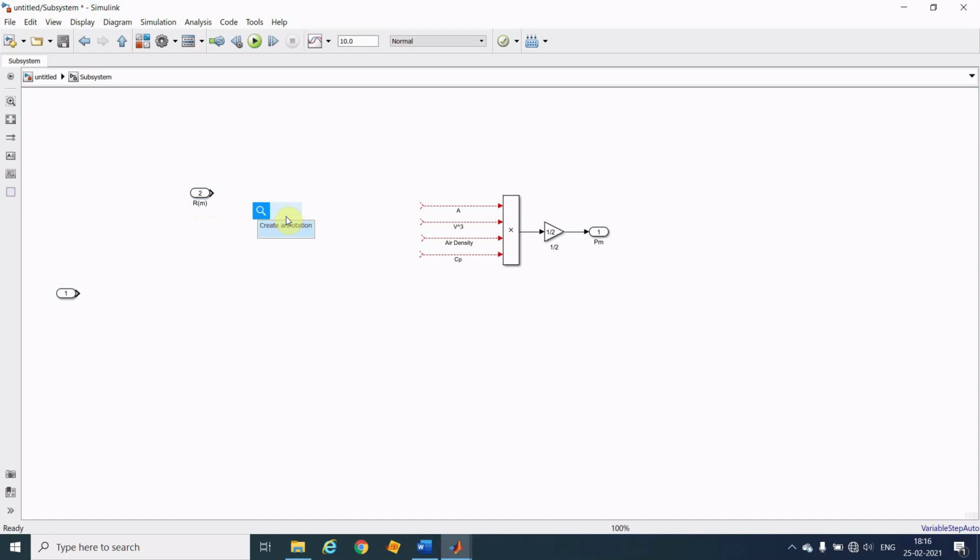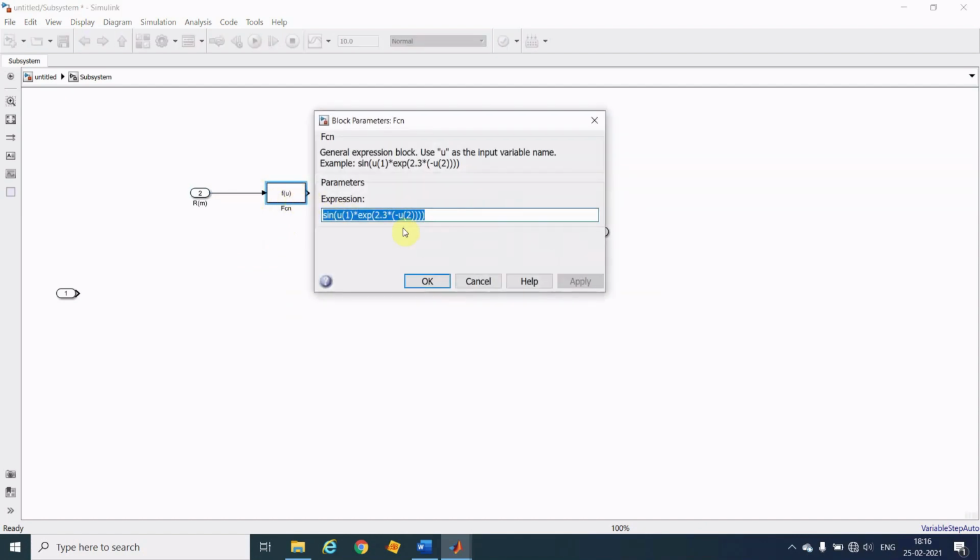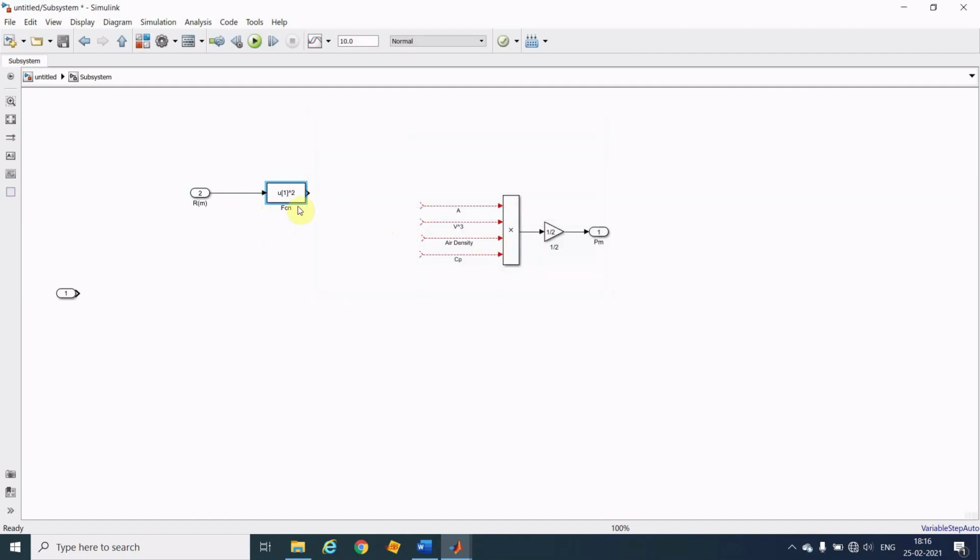Okay, so we need a function block, and here we will do u1 square. Okay, so that it will become, okay, so now it is coming here, it will come r square.